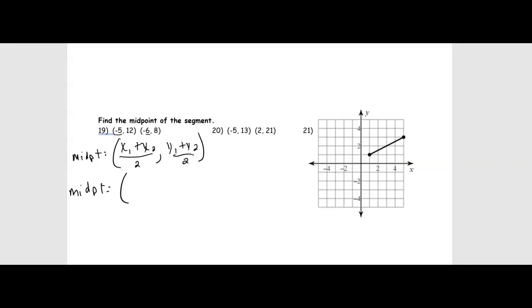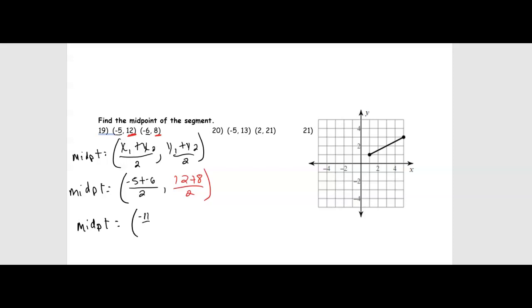So here's an x, here's an x. So we do a -5 plus a -6. Divide that by 2. Then we want to add up the y values. So here's a y, there's a y. We're going to add those up, and divide that by 2. Basically find the middle of those two. Whatever that gives us should be our midpoint.